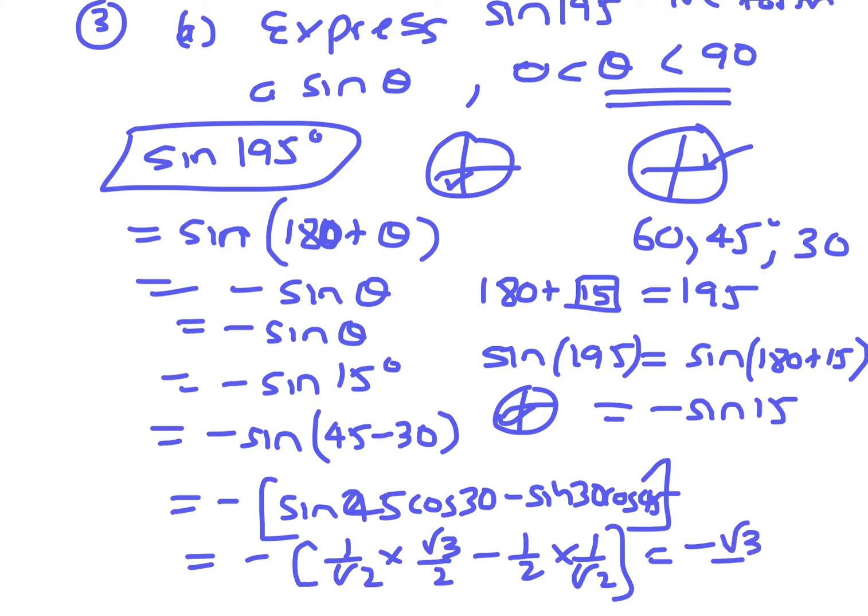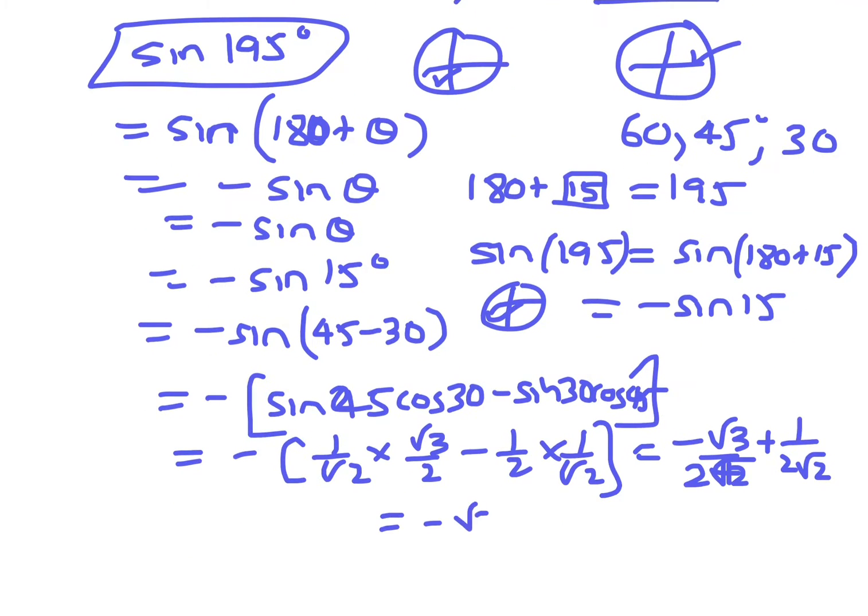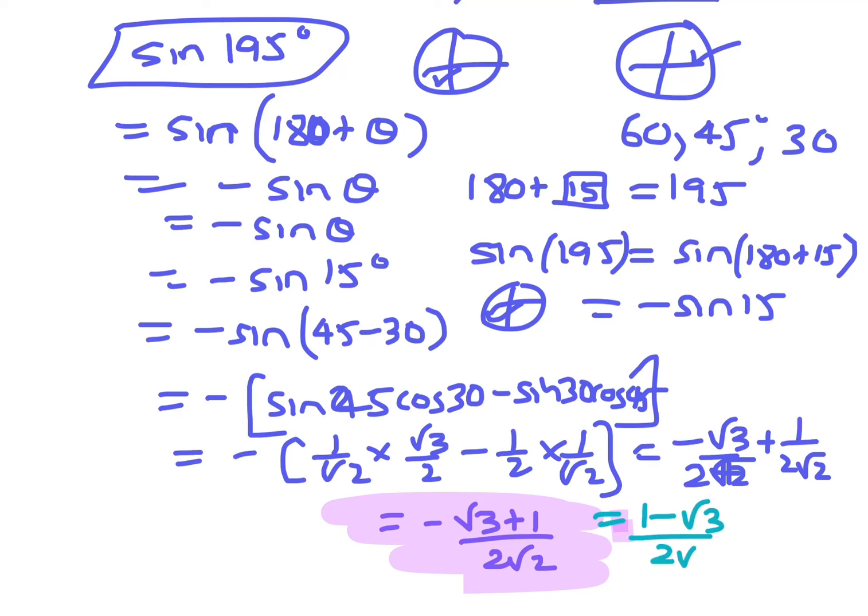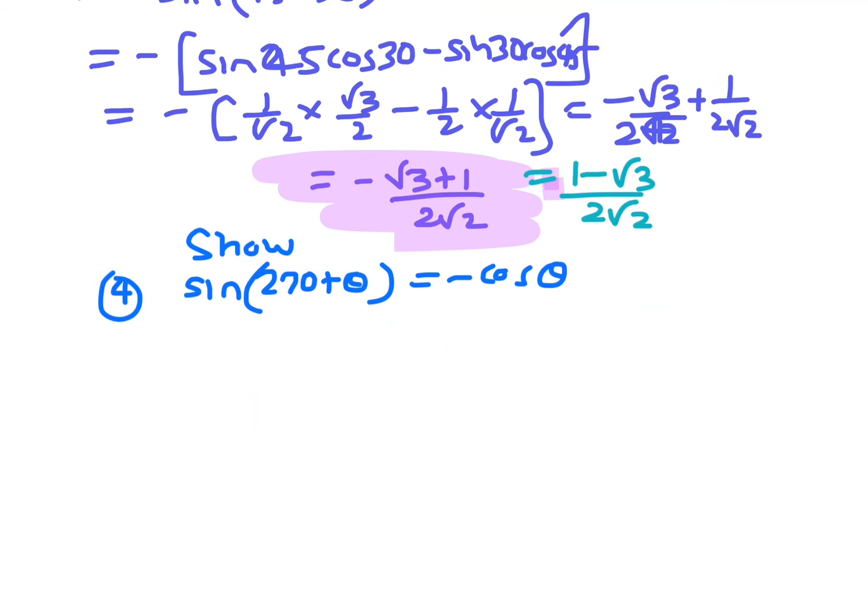So it's minus root 3 on 4 plus 1 on 2 root 2, over 2 root 2. So it's minus root 3 plus 1 on 2 root 2. That's what it will simplify to. And if you rewrite it, that's actually 1 minus root 3 on 2 root 2.